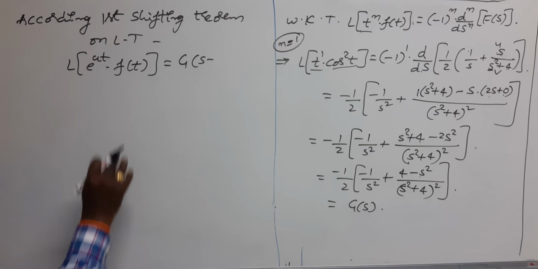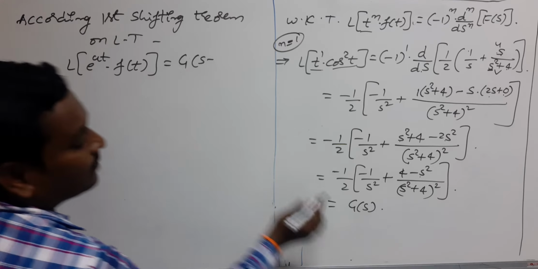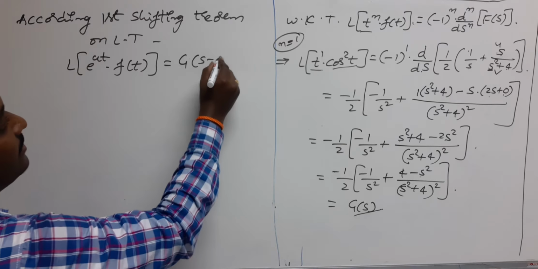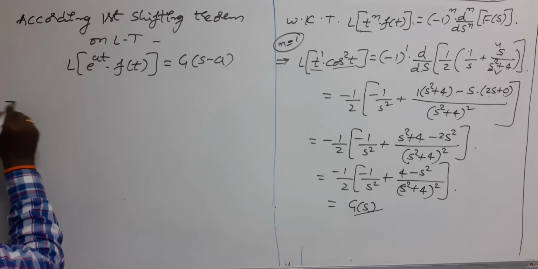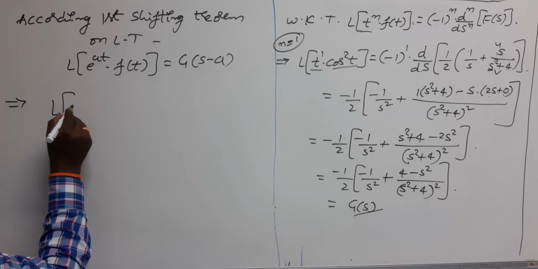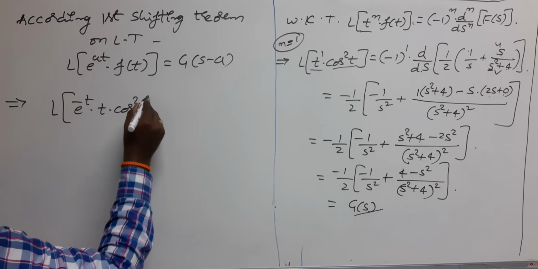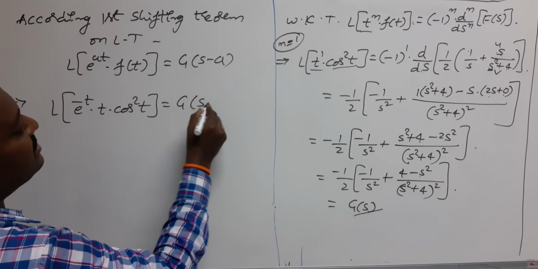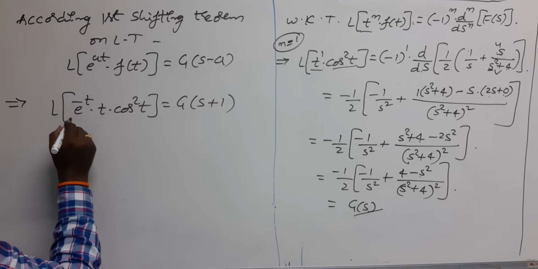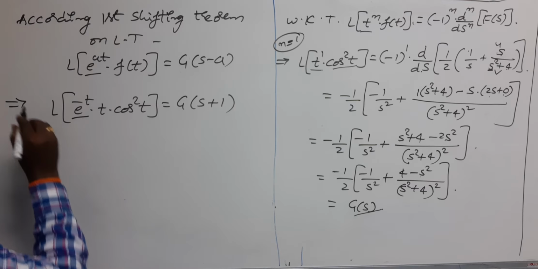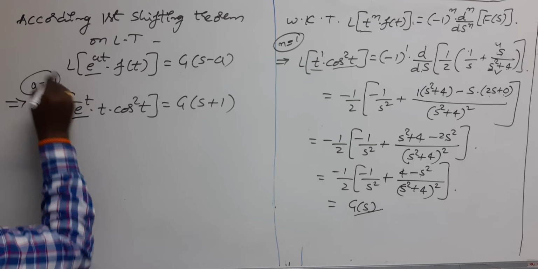Originally in the formula we have f of s minus a, but here our function is g of s, that's why replace it with g of s minus a. Write the given problem here, e power minus t into t cos square t, which is g of s plus 1, because we have e power minus t instead of e power at, that's why a is equal to minus 1 here.